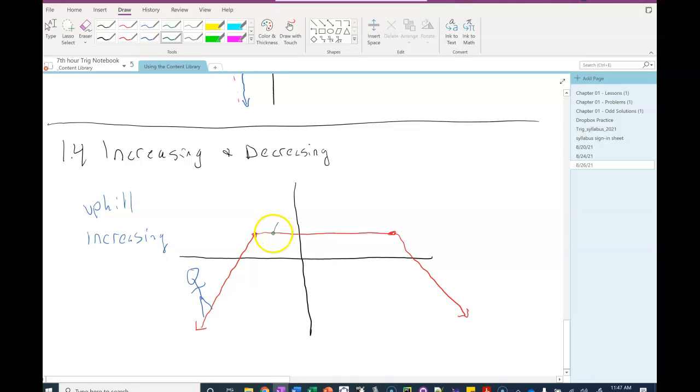The middle section, the little person is walking on is flat. That section is constant. And the last section, our little person is walking downhill. That section is decreasing.